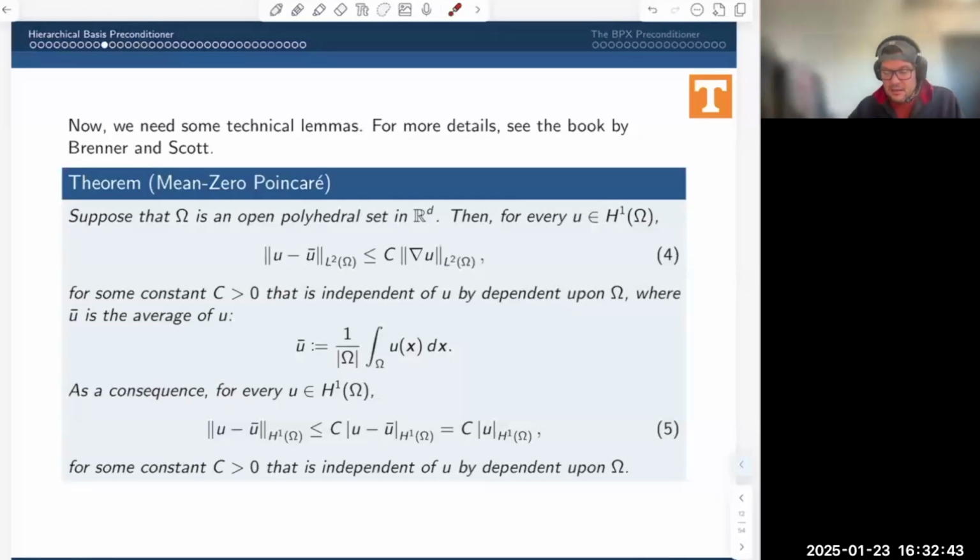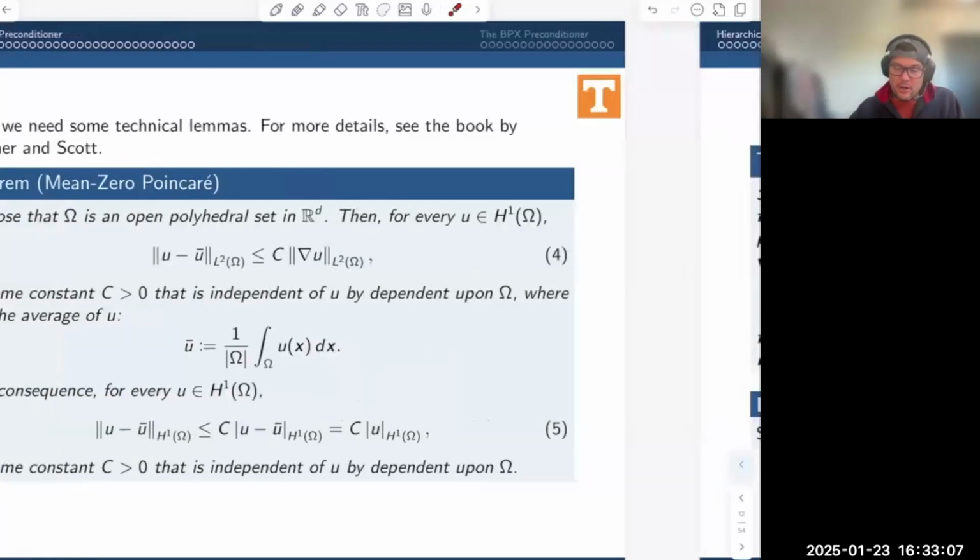So this is like saying that u minus u bar can be bounded by its gradient part alone. So one of the consequences of the Poincare inequality is that u minus u bar in the full H1 norm is bounded by a constant times just u in the semi-norm. We're going to use that somewhere.